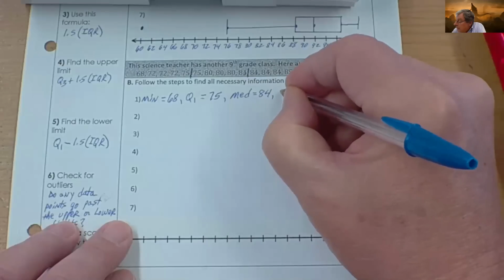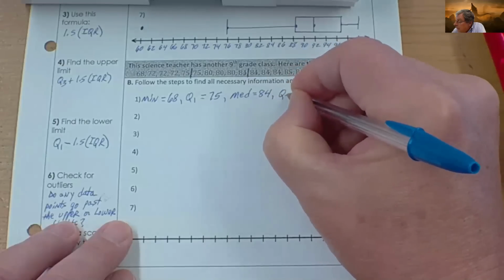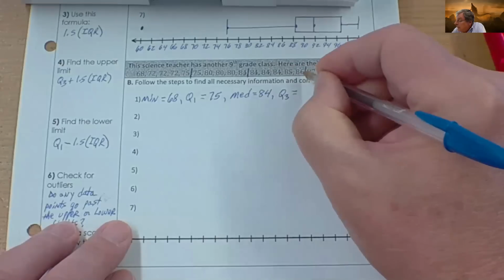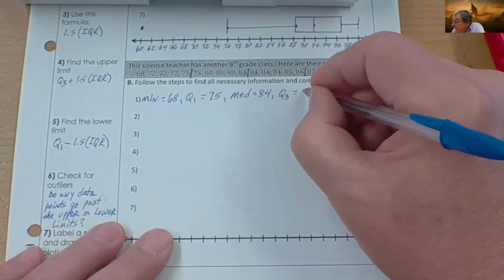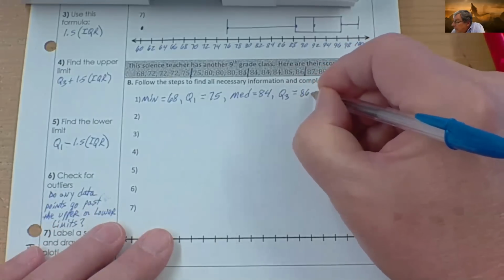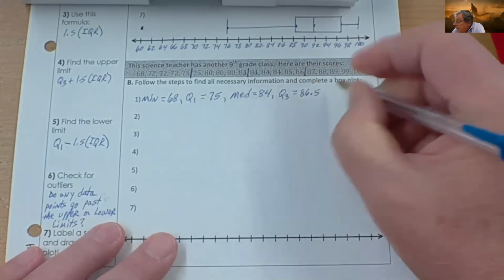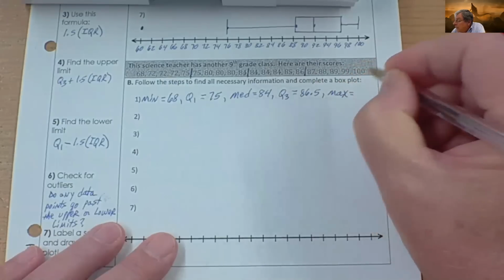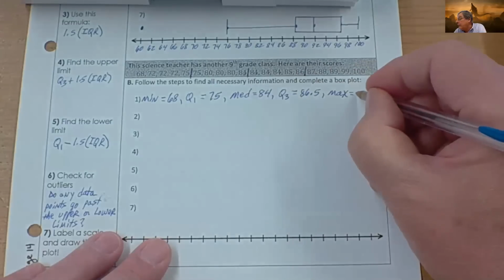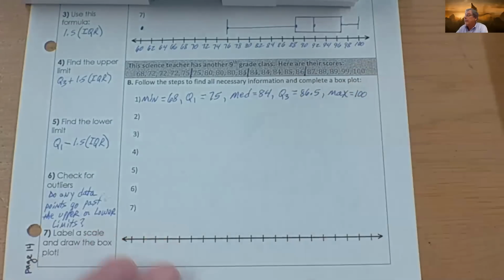Q3, well, halfway between 86 and 87. I believe that's 86 and a half. And the maximum, or the largest number, again, is 100. Okay, so we have our five number summary.